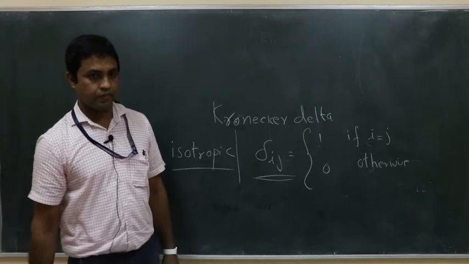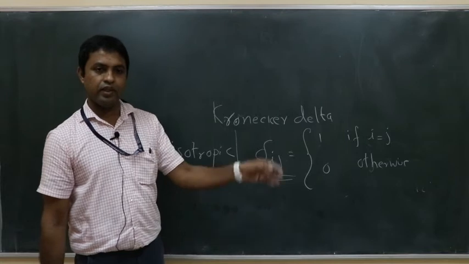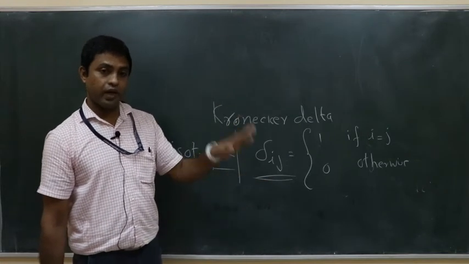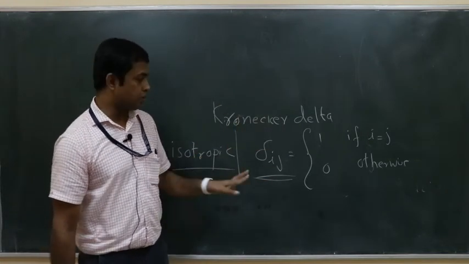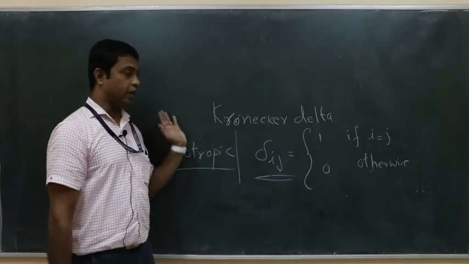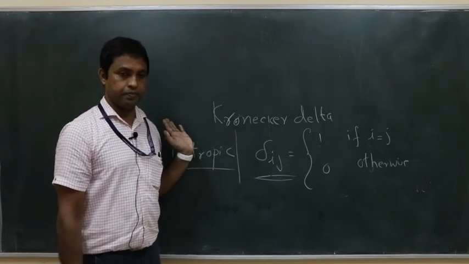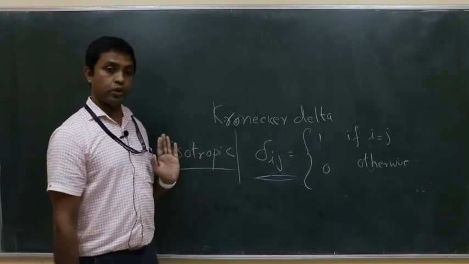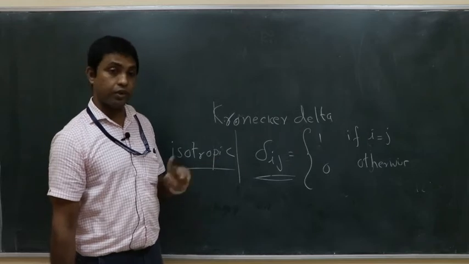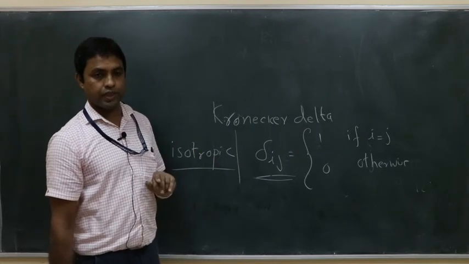Delta 11 is 1, and after a coordinate transformation delta 11 prime is also 1. Each component will be the same. That is what we mean by isotropic.